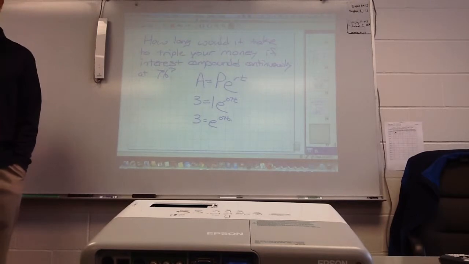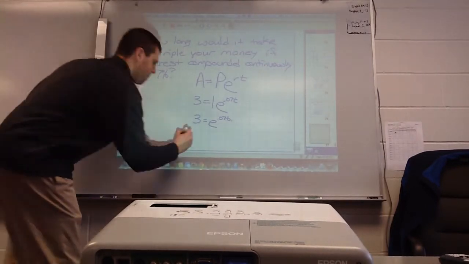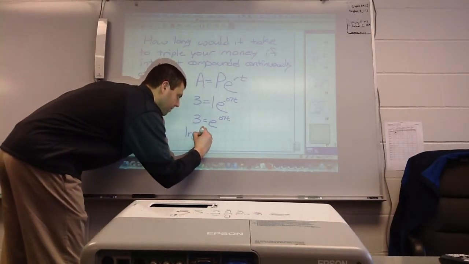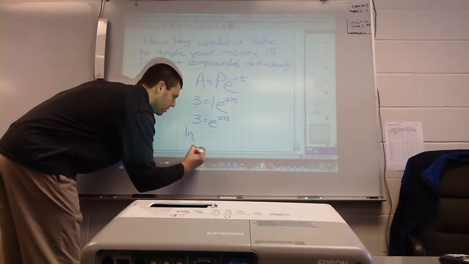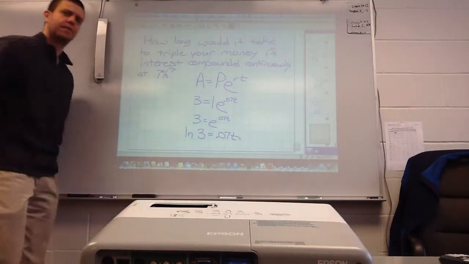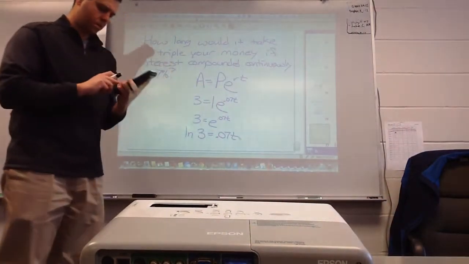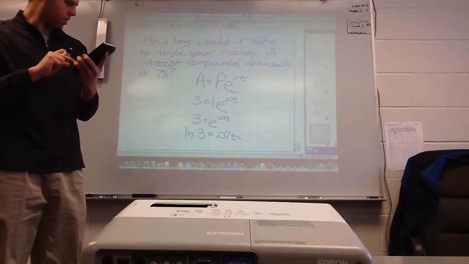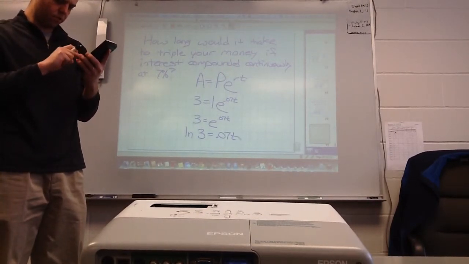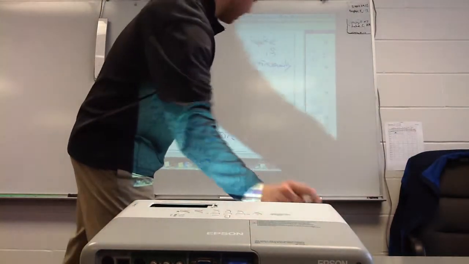Change to logarithmic form. ln of 3 equals 0.07t, with base e. Divide both sides by 0.07. ln 3 divided by 0.07 is about 15.7 years.